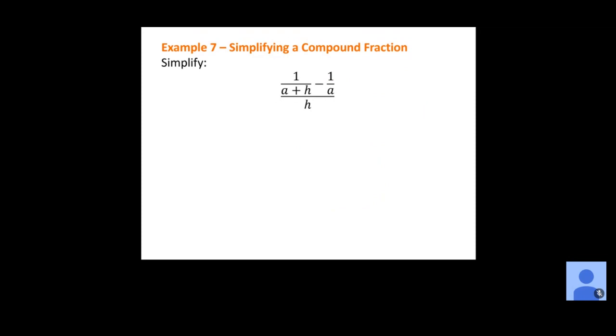We need a common denominator. Good, because we need to be able to combine those fractions in the numerator, and then again, we can just divide by the reciprocal. So in this case, what's the common denominator going to be for the numerator?